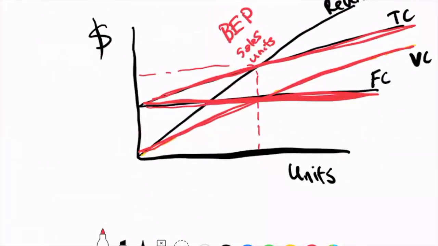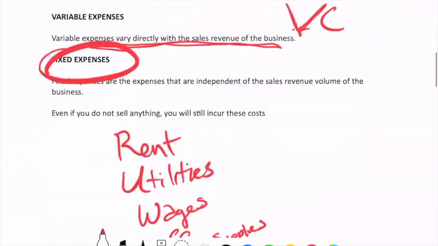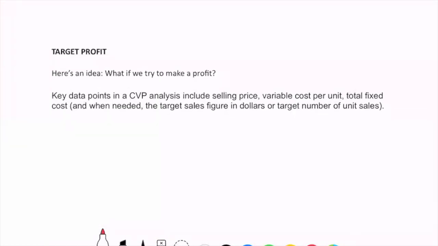So right here is where your business starts to look a whole lot more attractive, because you are no longer in the negative. And then you can have your target profit. Here's an idea, and this is why I think cost volume profit analysis is a much more useful descriptive term than break-even analysis: why don't we try to make a profit?